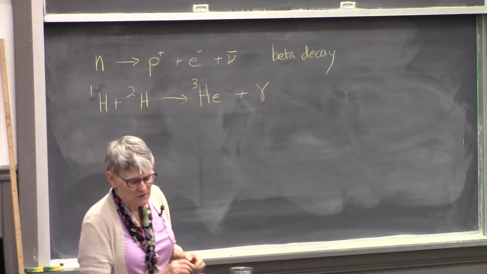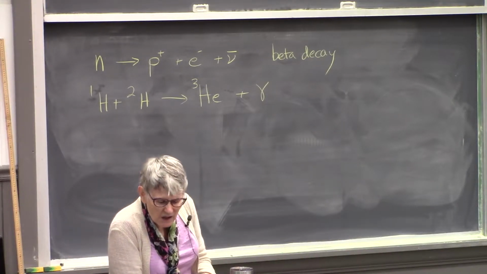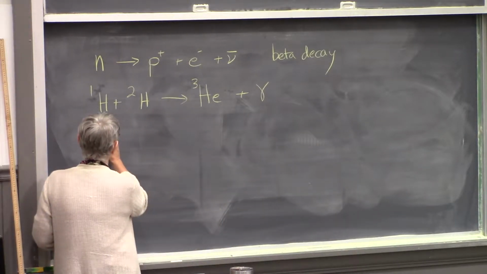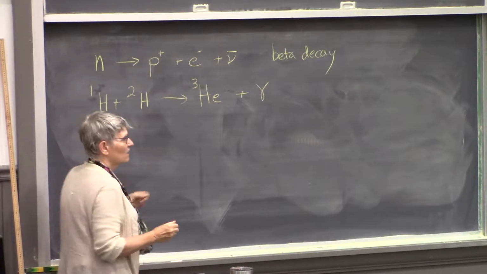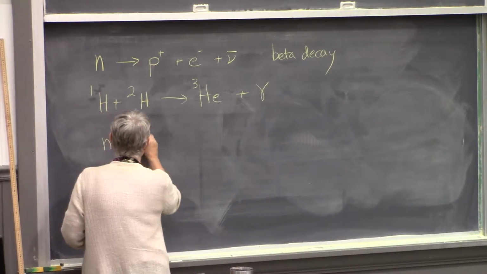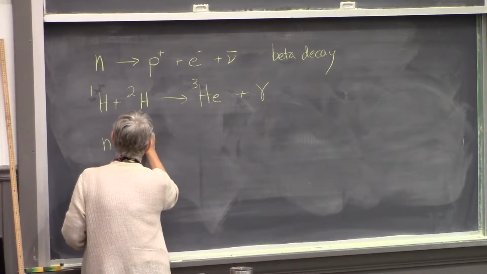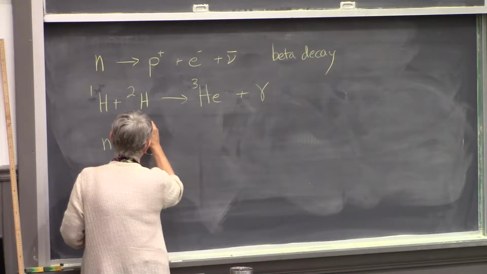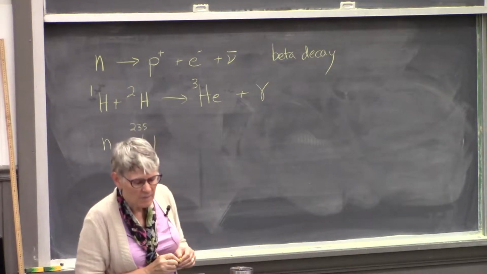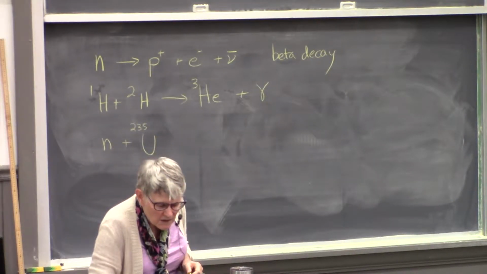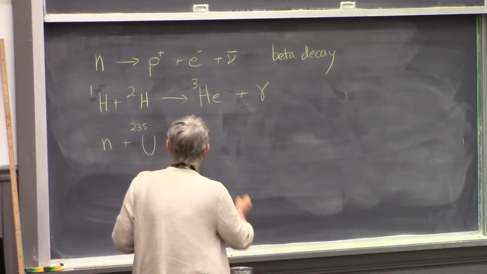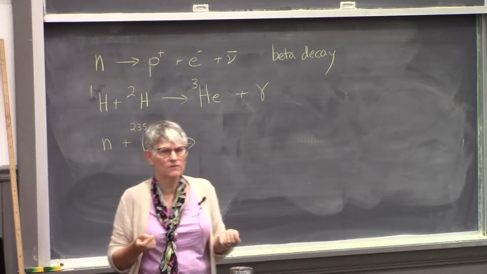And a lot of these processes, these decay processes, do produce photons. Another interesting process is if you take a low energy neutron, a very slow moving neutron, and you shoot it at a uranium atom, then you get what's called fission, and it can fall apart into lots of different kinds of things.